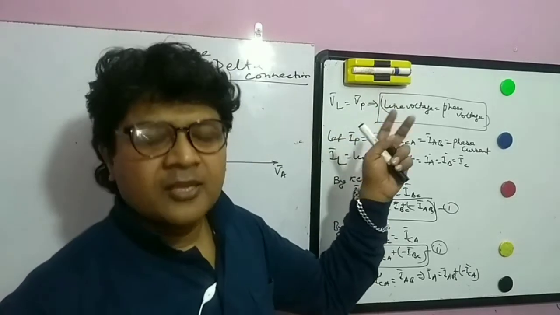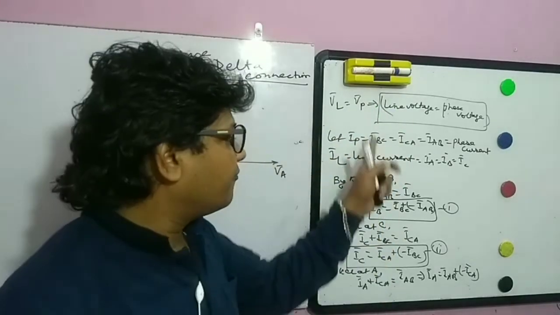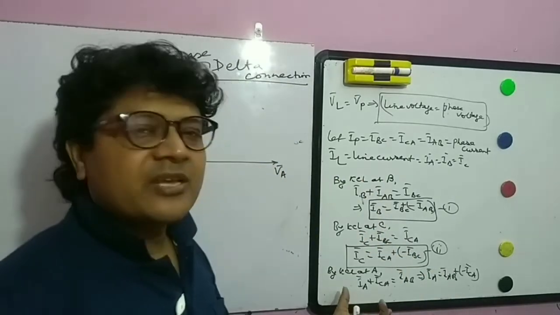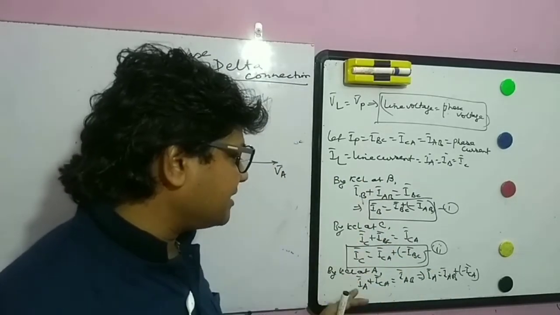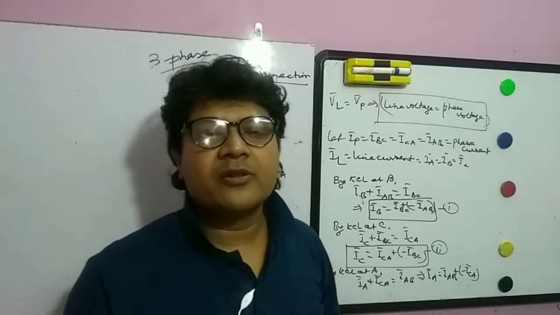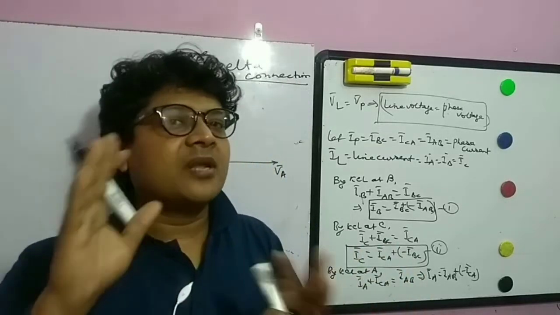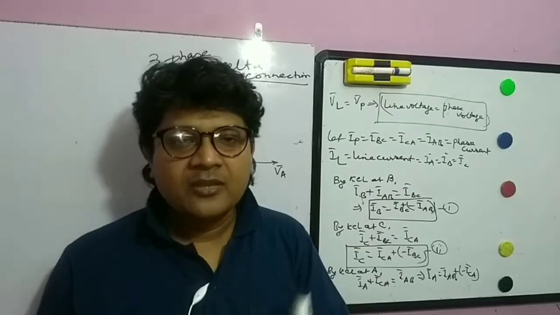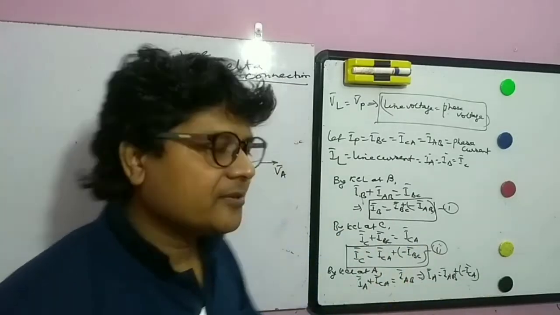So just forget it. We have to concentrate on phase current and line current only. With this phase current we have to calculate IB, IC and IA. Our objective is to find out the relation between phase and line current. So we have got phase current, we have to find out line current, right?